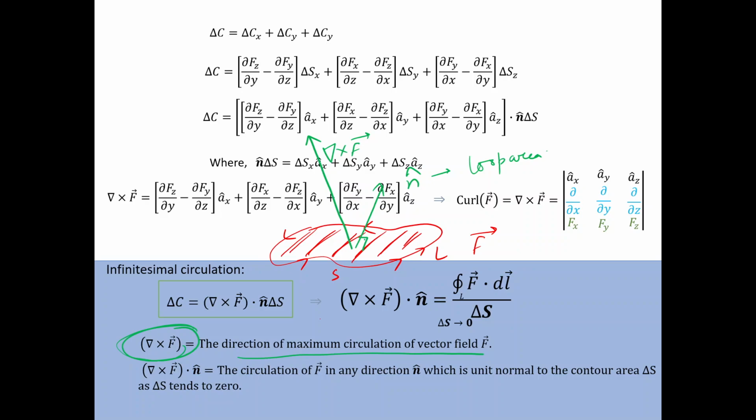That means if this is the direction del cross F, then if you take a circulation path, the normal of this area is in the direction of the curl, then in that case we can say if you take the circulation, then the circulation will be maximum.